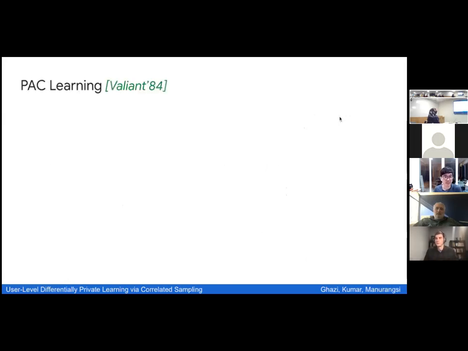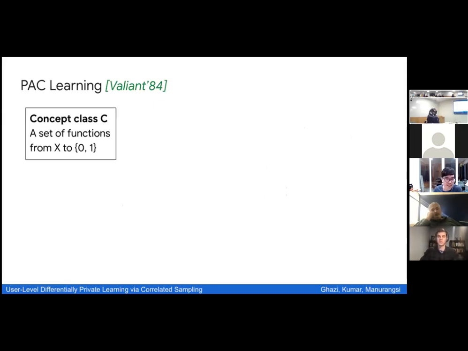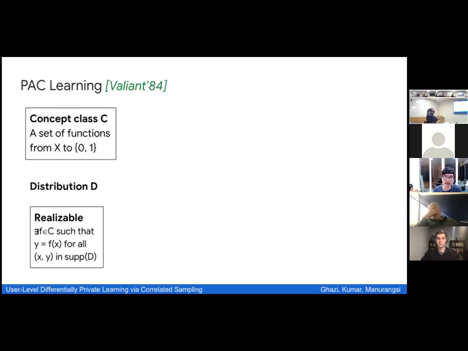So the specific setting of learning that we consider in this paper is PAC learning. And this definition goes back to the 80s. In this setting, there is a concept class C, which is a set of functions from some domain X to binary values 0, 1 that we want to learn. There is an unknown distribution D, and our algorithm doesn't have access to D directly.